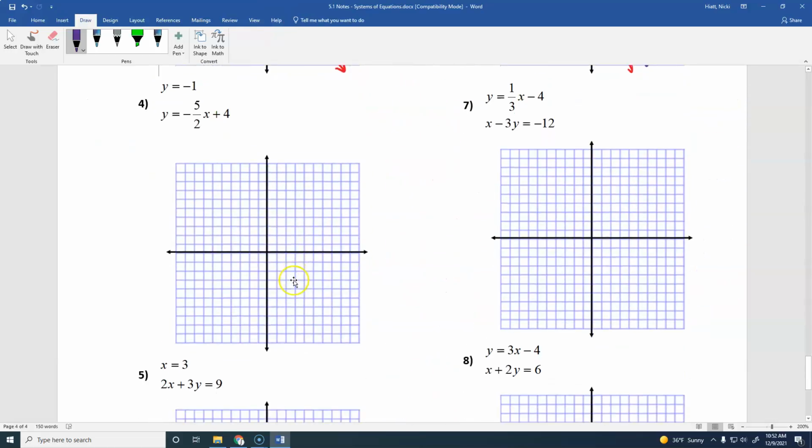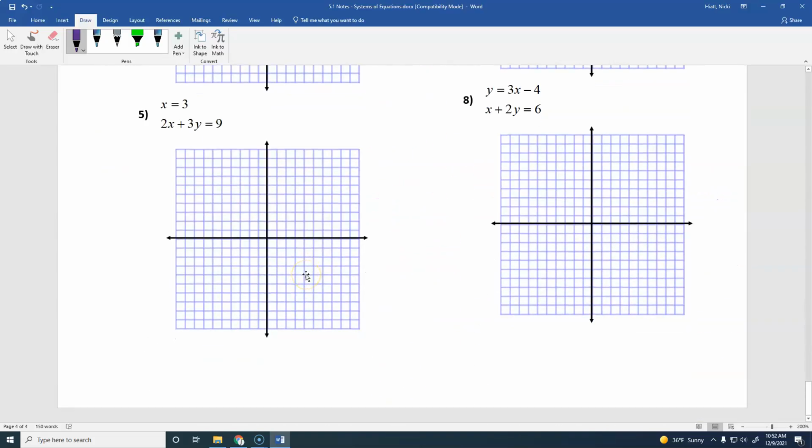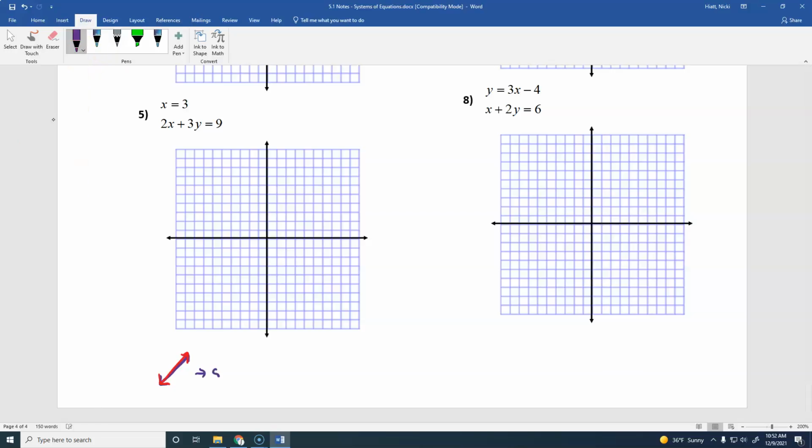I do not have an example where this happens, but we should add this in maybe down here at the bottom. What happens if you end up graphing and they end up being the same line, if they graph right on top of each other? One word that we did use for that is coincide. So where do they intersect if they're coinciding lines, if they are the same line? Everywhere, right?